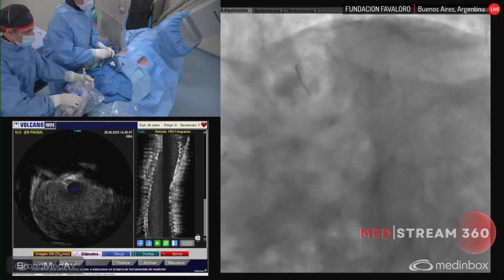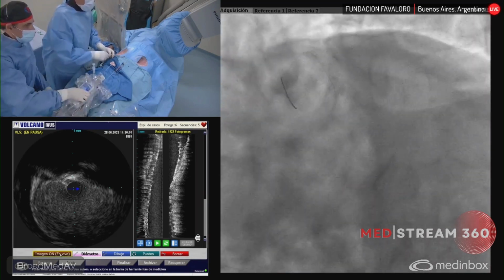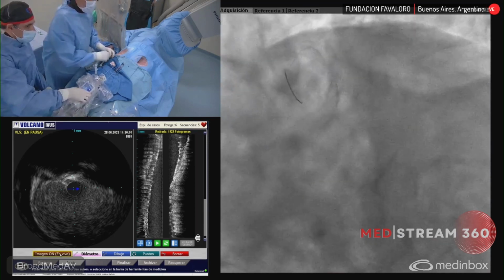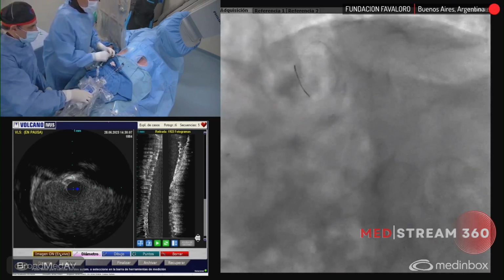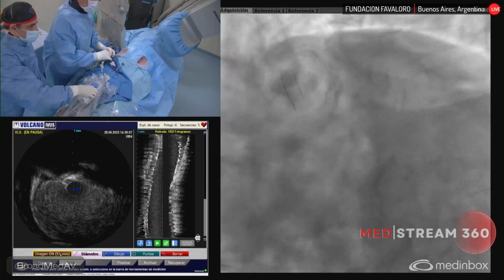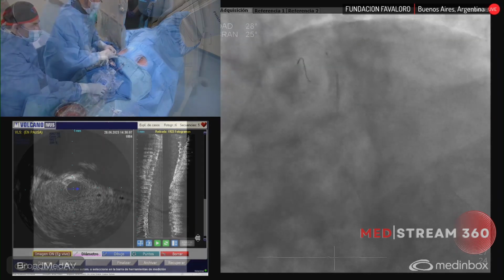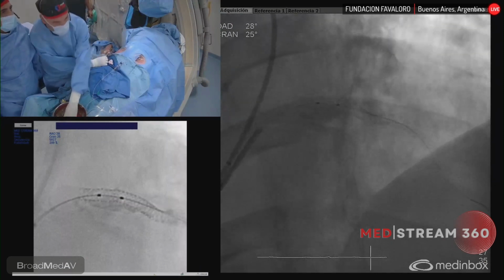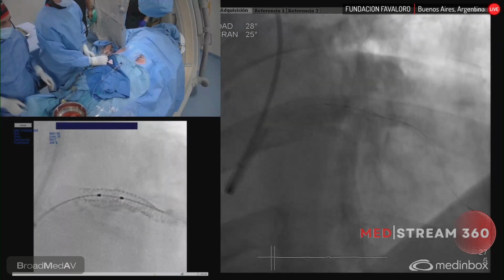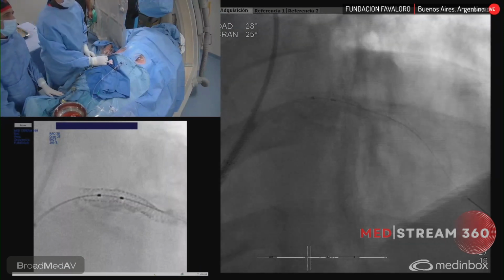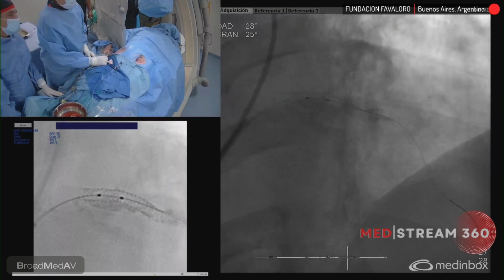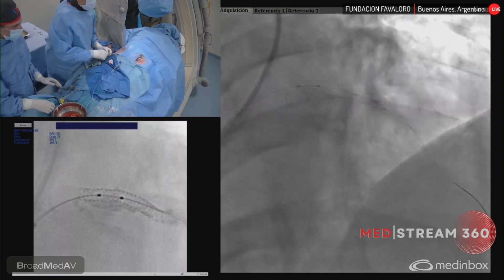Probably the more complex lesion was this proximal LAD lesion with such calcification, tortuosity, bifurcations near the ostium, and so on. Excellent. You see the expansion of the stent, I think it's acceptable. We have a little under expansion where we have the curve, but I would accept this outcome.